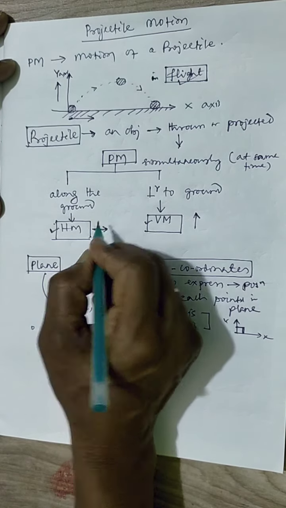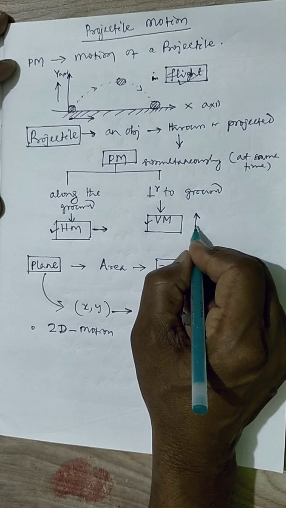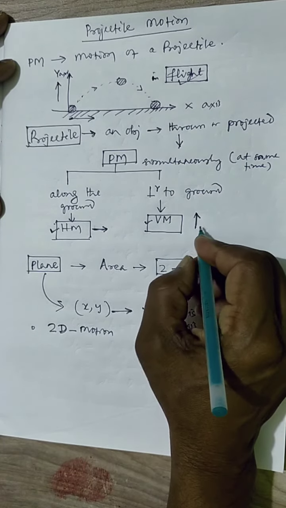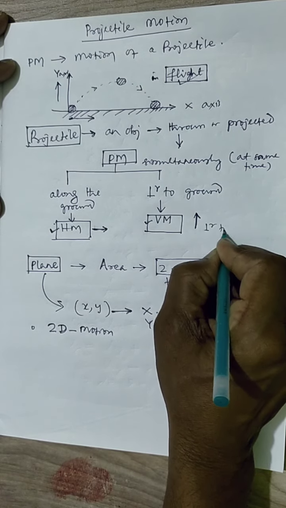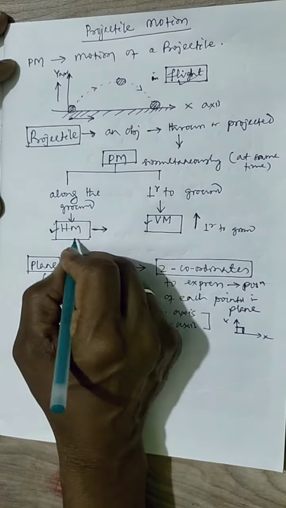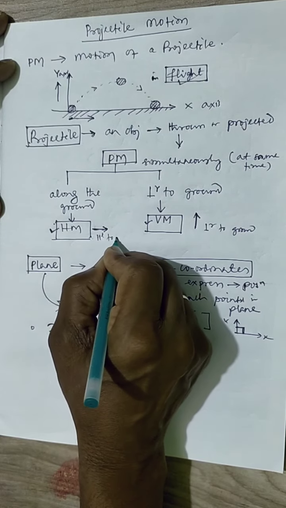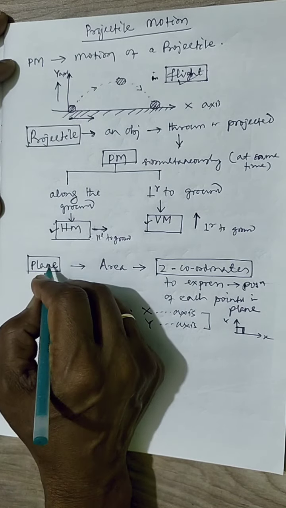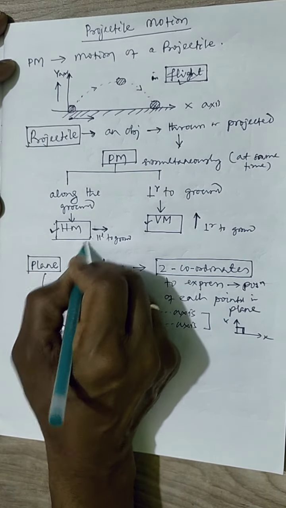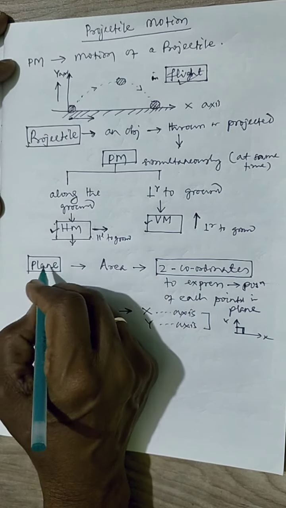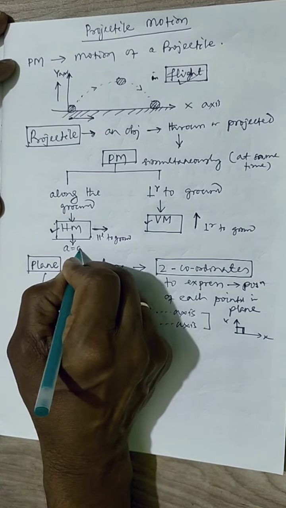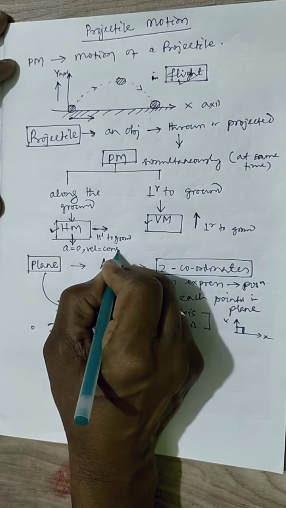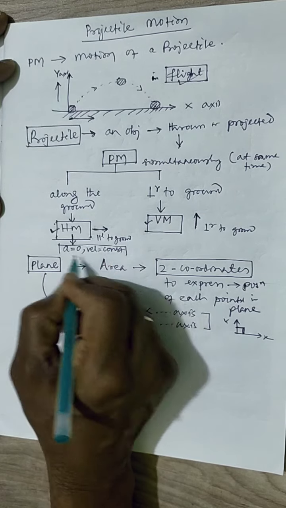Horizontal motion is the motion along the ground, and vertical motion is the motion perpendicular to ground. Horizontal motion is parallel to ground. When the object moves parallel to ground, there is no acceleration. We say acceleration is equal to 0, or velocity is not changing, that is remaining constant.